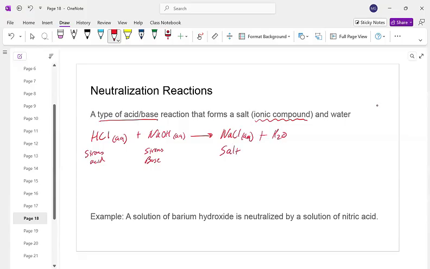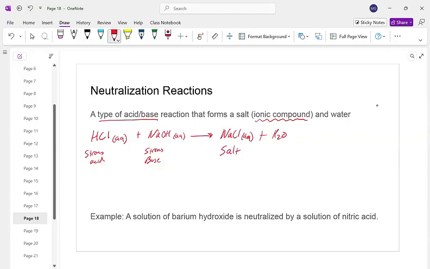And so it's kind of interesting to see here how we take two really dangerous substances. Hydrochloric acid is a strong acid. It's a potentially very hazardous substance. And same thing with sodium hydroxide. Bases are just as potentially dangerous as acids are. But we take these two very potentially dangerous substances and mix them together, and we get something that's fairly innocuous.